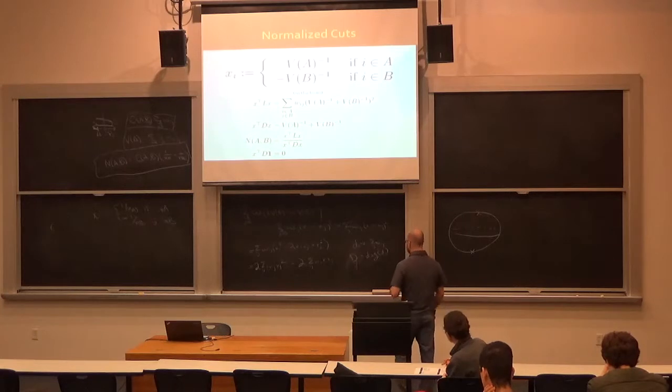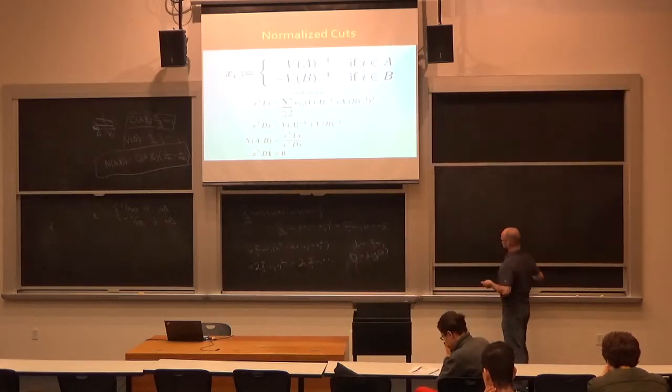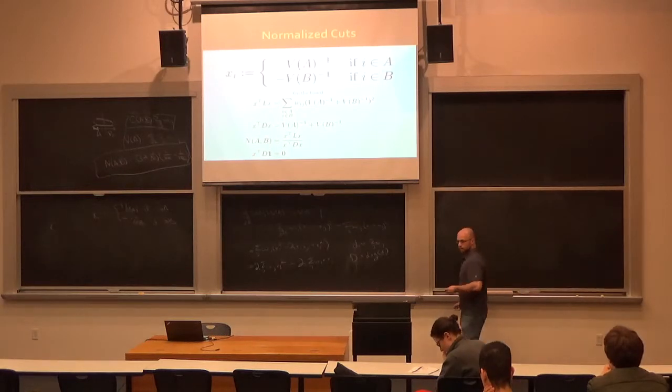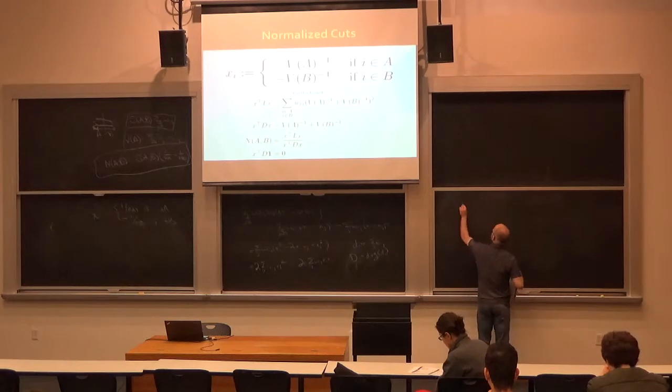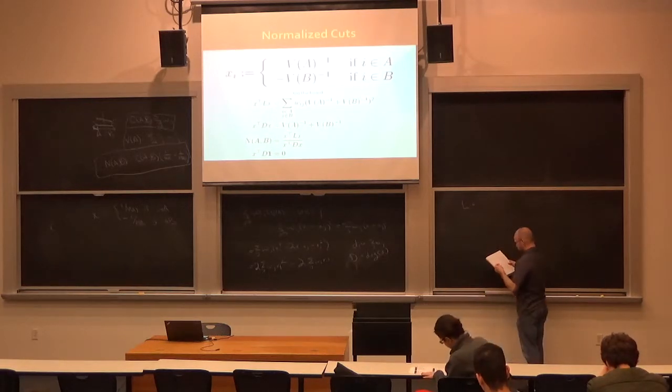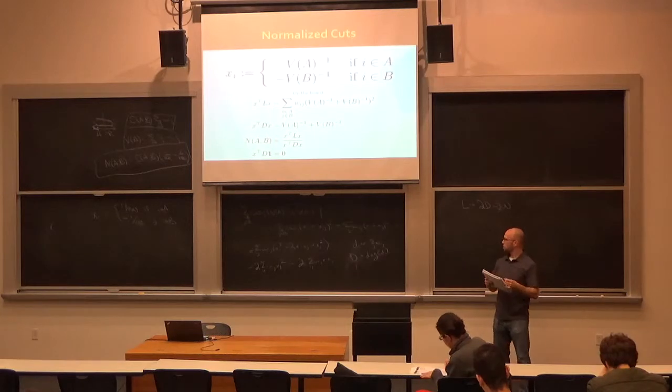Cool? Alright, so similarly, what I'm going to do is define a second matrix, and I'm going to call it L. It's going to be 2 times this diagonal matrix minus 2 times W. Yeah? And then what do we notice?